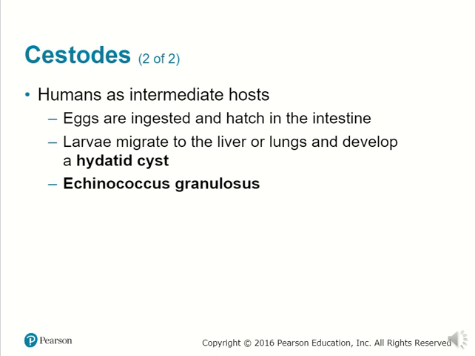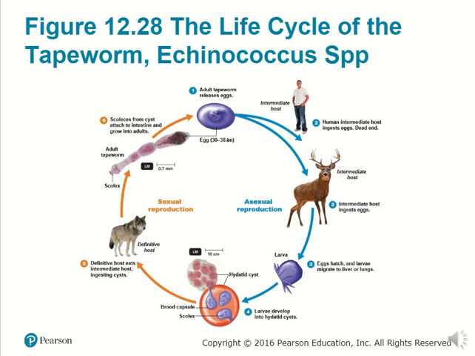For cestodes that use humans not as the final host but as intermediate hosts, eggs will be ingested and hatch in the intestine. Larvae will migrate to the liver or lungs and develop into a hydatid cyst, as with Echinococcus granulosus.